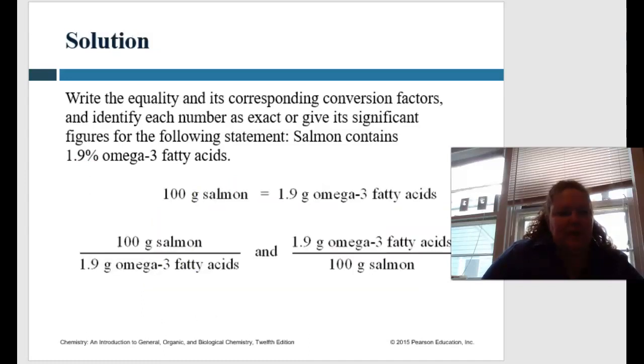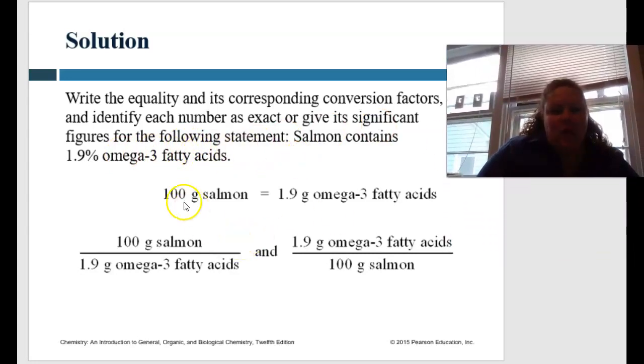So what would that give us? If we rewrite that equality and its corresponding conversion factors, then identify each number as exact or given with its significant figures, what we are going to get is that 100 grams of salmon is the equivalent of 1.9 grams of omega-3 fatty acids, because it was 1.9%.